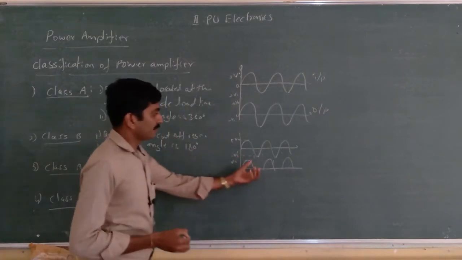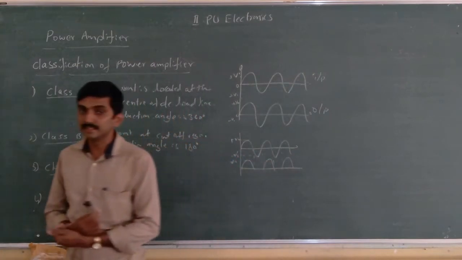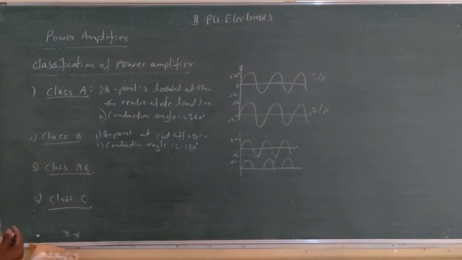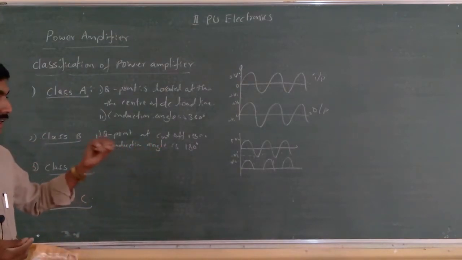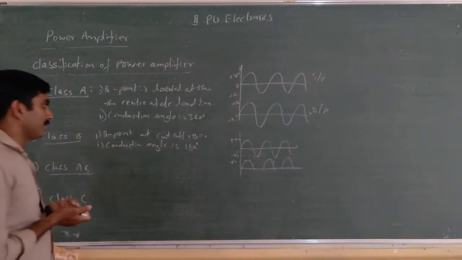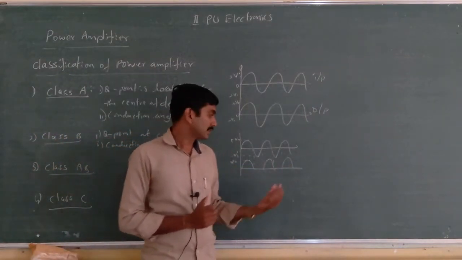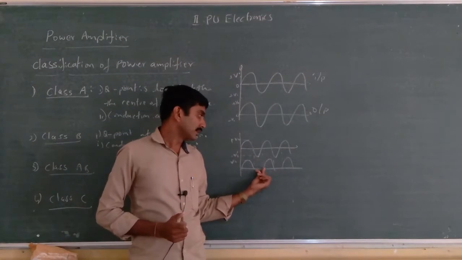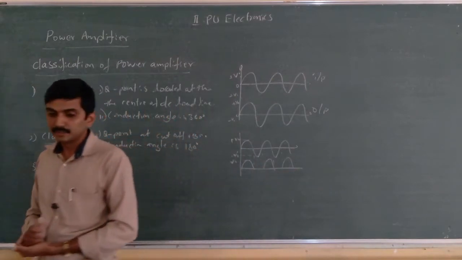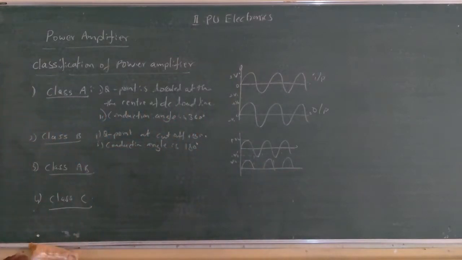In this type, efficiency is comparatively increased because it utilizes a small amount of DC energy only during the positive cycles. The rest of the time, it utilizes less DC power.